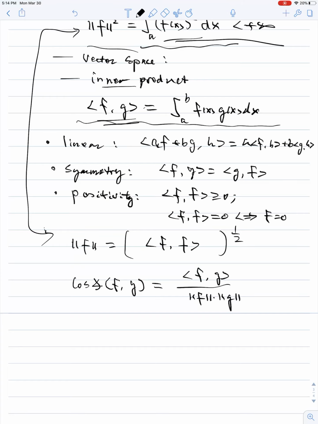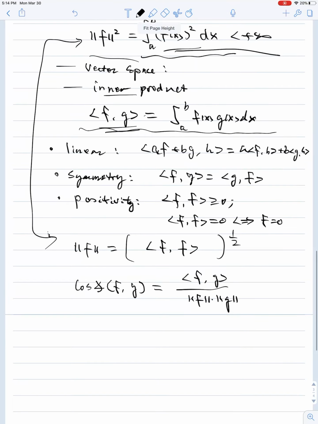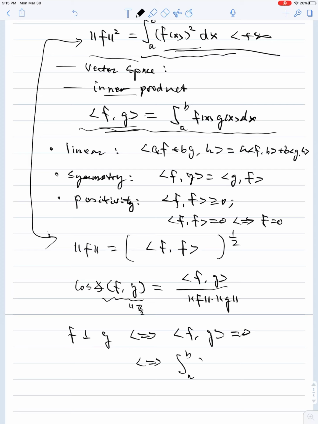Therefore they are orthogonal if and only if the angle is pi half, which means the cosine of pi half is 0, so the inner product of f and g is 0. That is where the concept of orthogonality comes about: the integral of f times g dx equals 0.